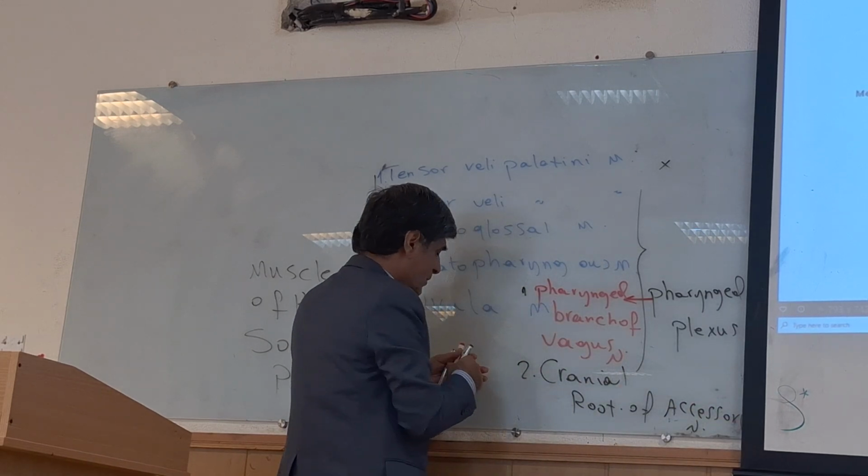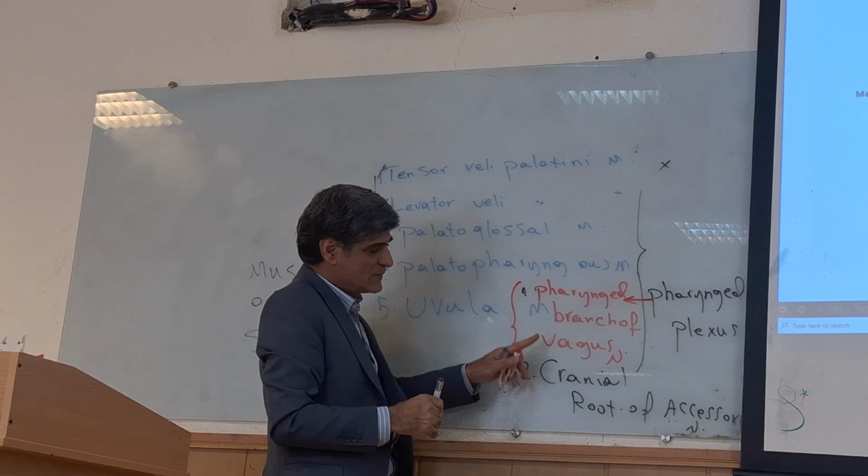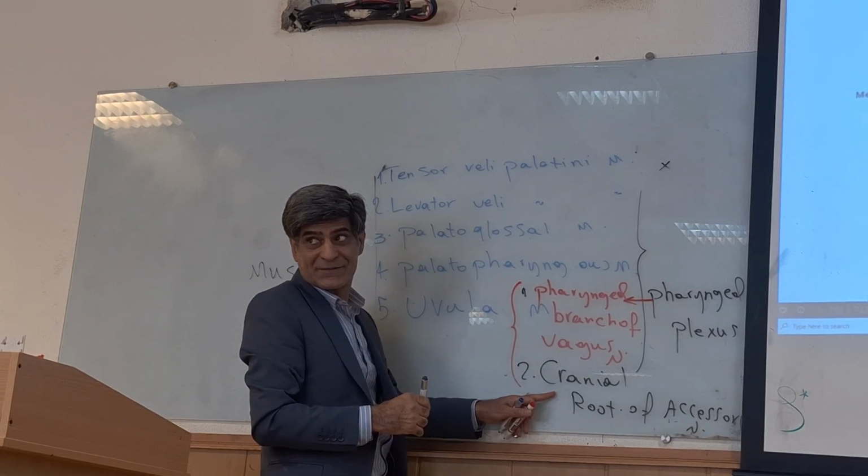All are innervated from two nerves, the vagus and the cranial root of the accessory nerve.